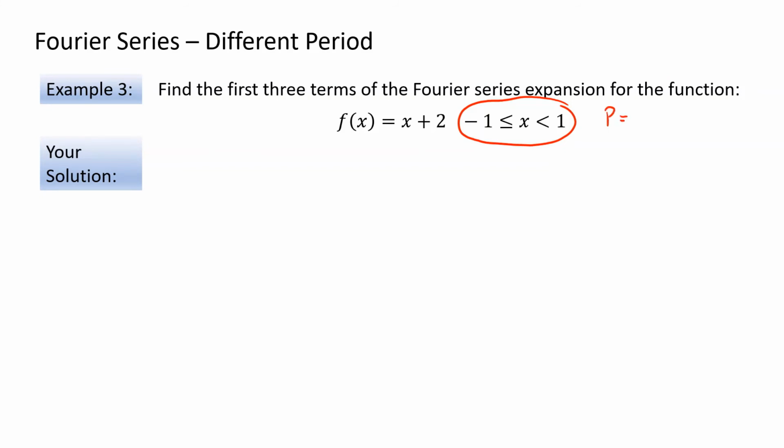So the period is equal to the upper limit, which is 1, minus the lower bound, which is negative 1, which is 2. It's not 2 pi, it just says 2. So you know that this is not a typical period. Knowing that, we can still calculate it.